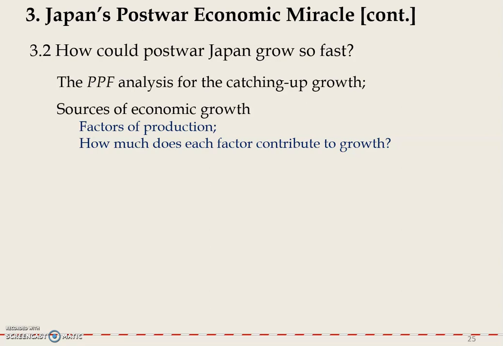For example, if this year the annual growth rate of the U.S. GDP is 10%, then we want to know how many of these 10 percentage points come from technological innovation, how many from capital, how many from labor or land. We want to break it down and take a deeper look at the sources of economic growth.